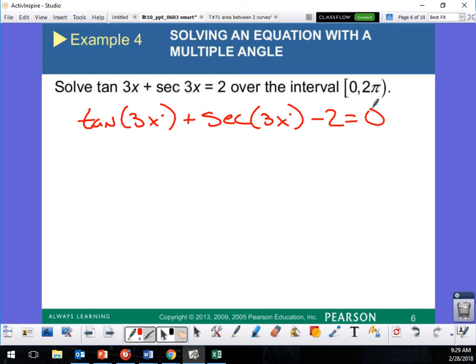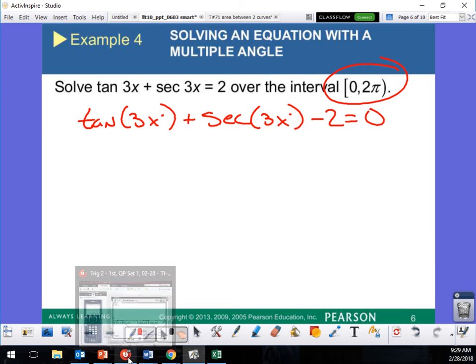My answer has to be radian. So I pay attention to that, right? That one's for the end. Tan 3x secant.